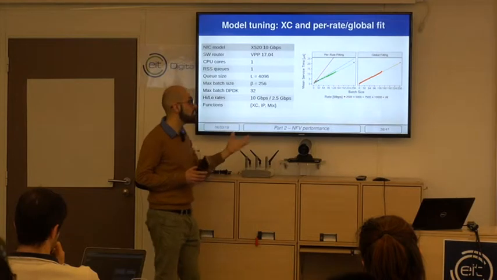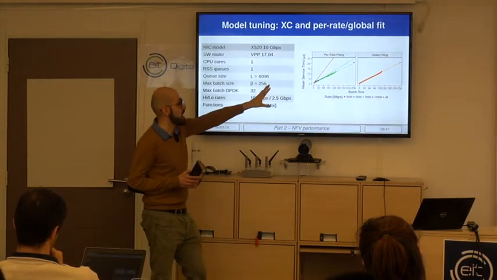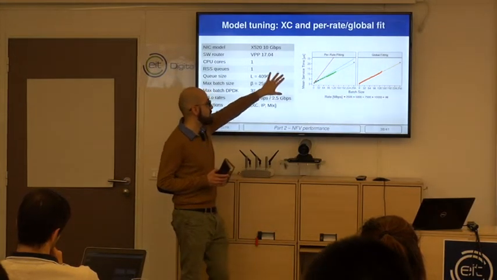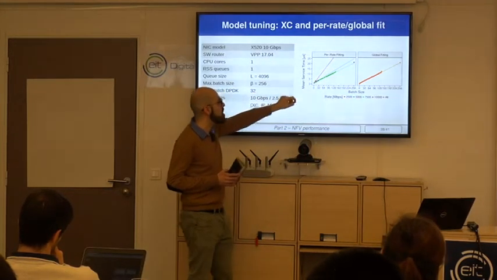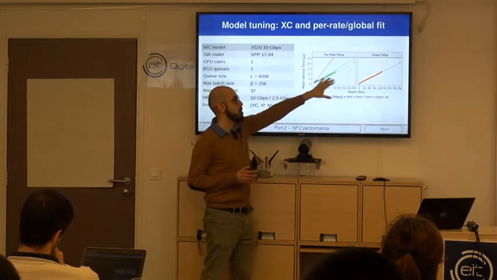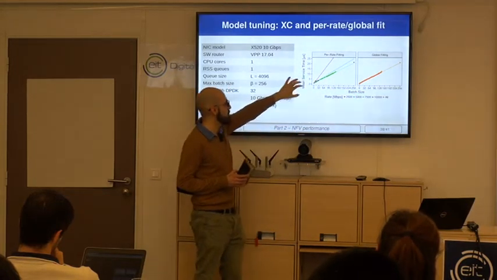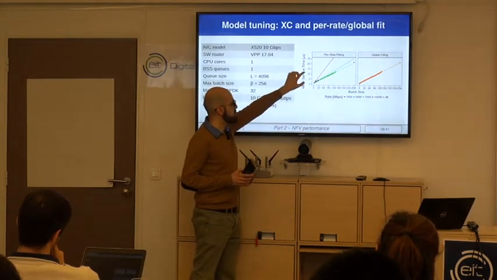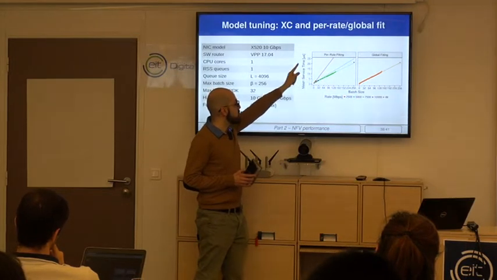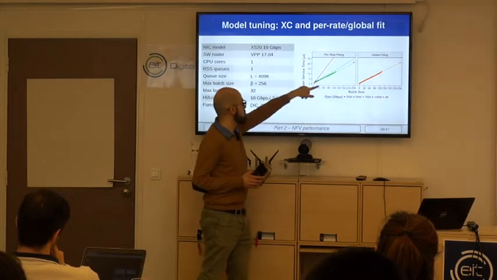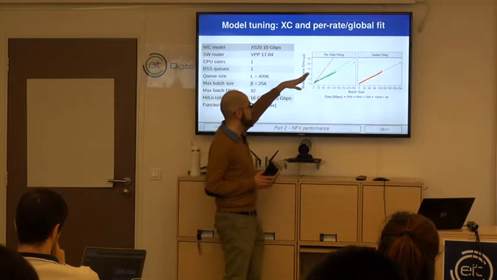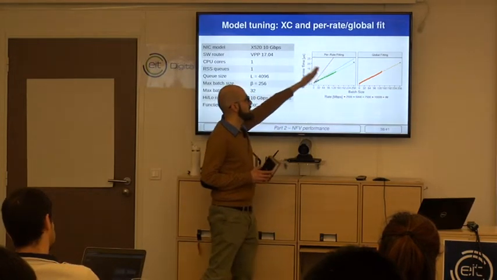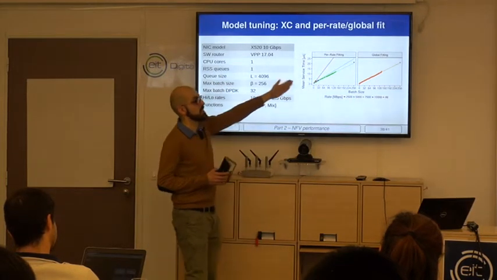And now what we observe is that tuning the model is very strange because of possible overfitting. In fact, here I show you what happens with the mean service time when we do a per rate fitting and a global fitting. So here, if we use a per rate fitting, we change our expected values of the batches as a function of the mean service time, because we are projecting this curve with a higher slope than expected.